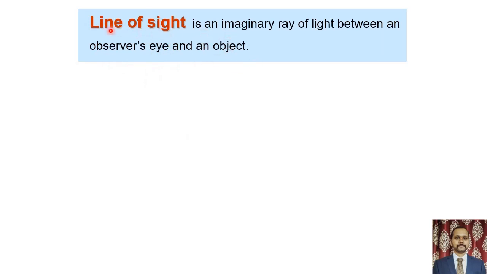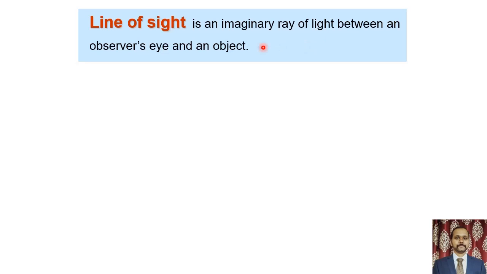The observer is yourself, and the object is the thing which you are going to see. Whatever imaginary ray of light comes from your eyes when you are seeing any object is called the line of sight.